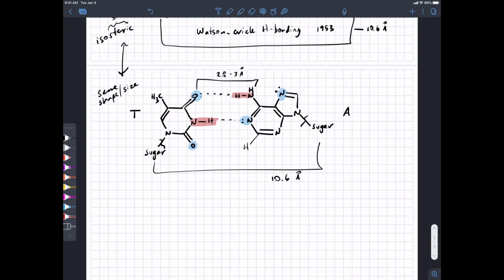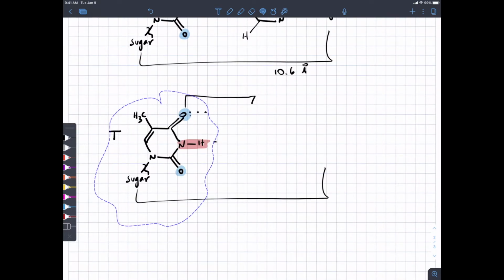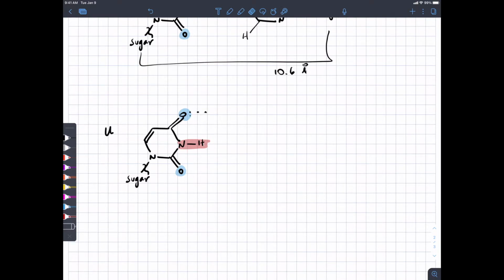Okay, so if you take, we're going to copy this T base, except we're going to erase the methyl group, so it's going to be uracil. And then we're going to see that this U can hydrogen bond in a slightly different way with an alternative partner.